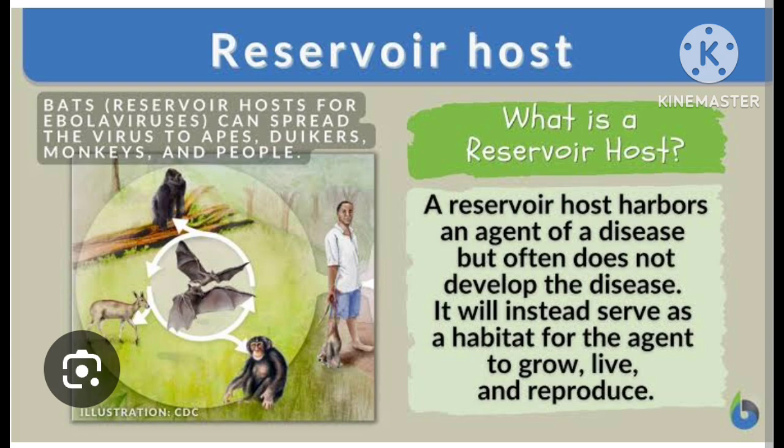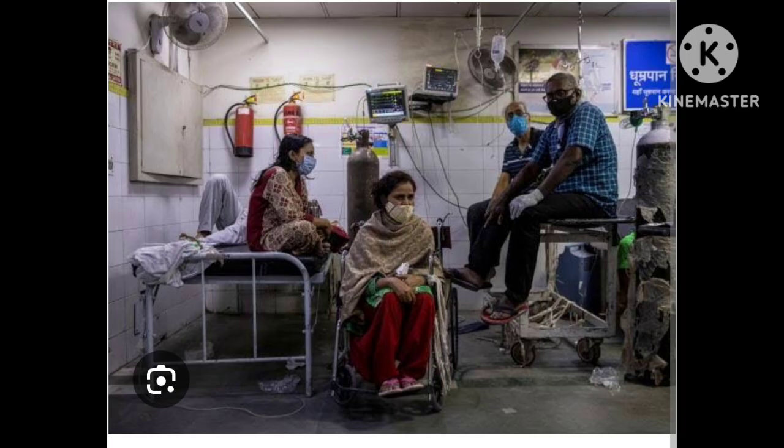Then the susceptible host, which means who will get the infection, such as small babies. When you are touching one baby after another in the hospital or at the household level, the mother has to maintain hand hygiene.